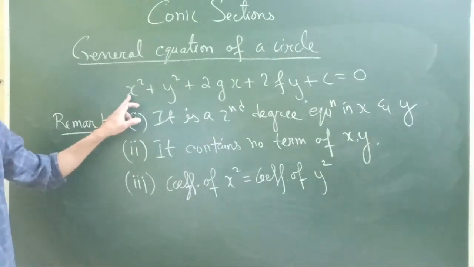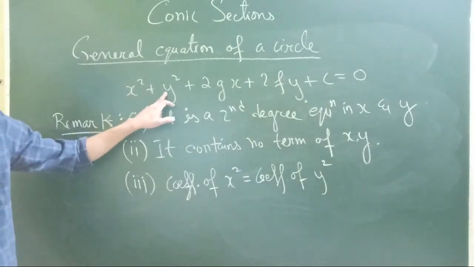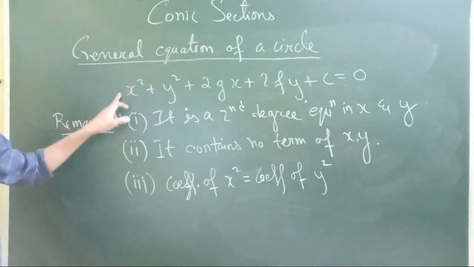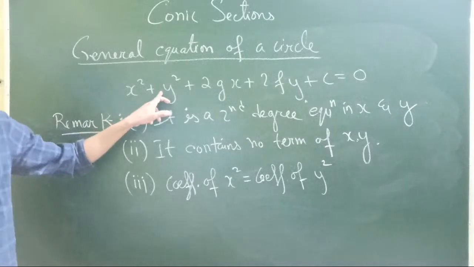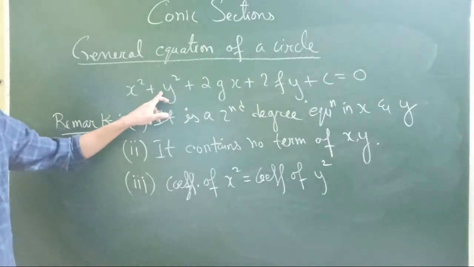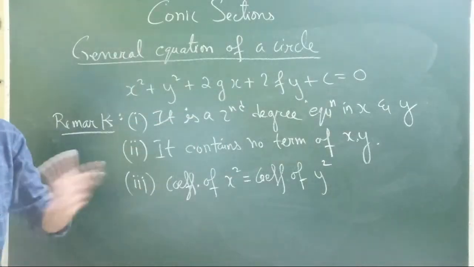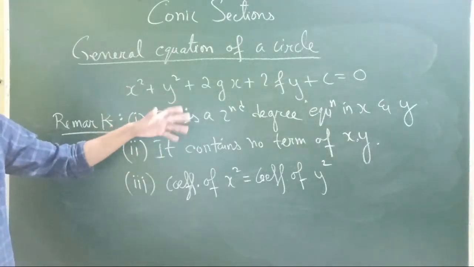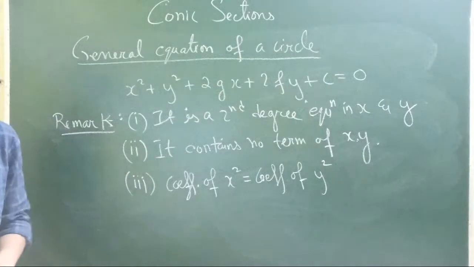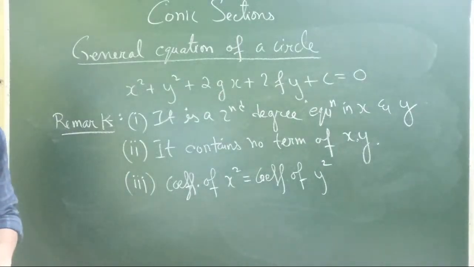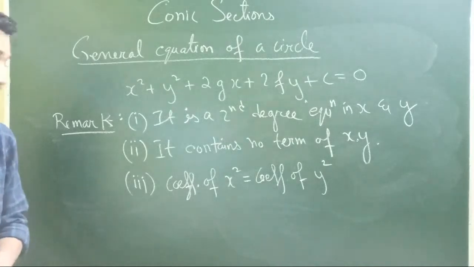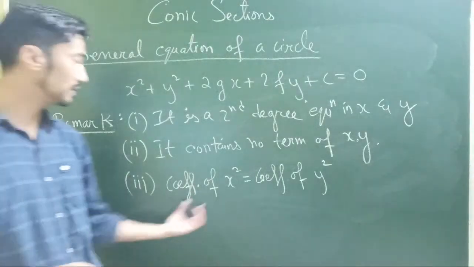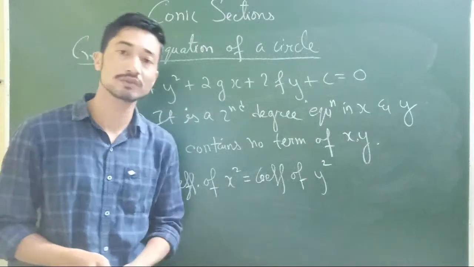You will see here the coefficients of x square and y square are the same, 1 and 1. It has to be 1 for comparing and then finding the radius and the center. But if you just find the equation, you have to see to it that the coefficient of x squared equals the coefficient of y squared.